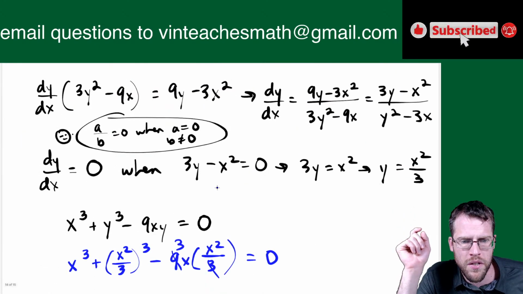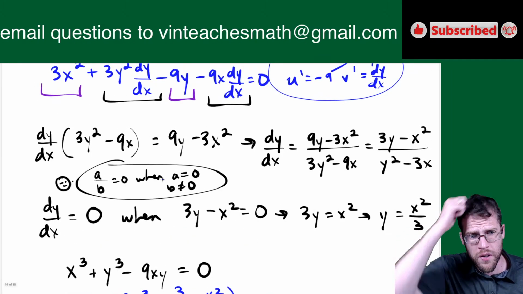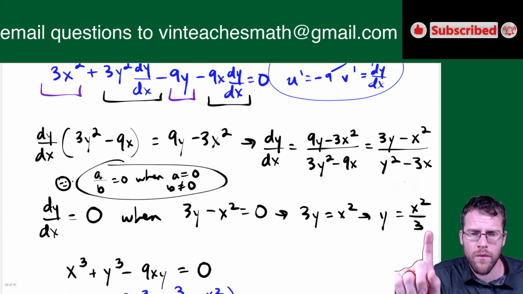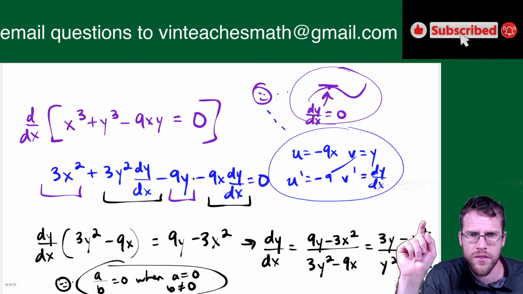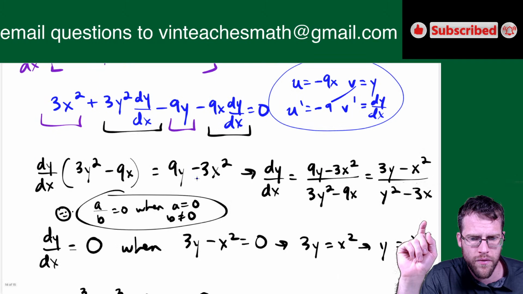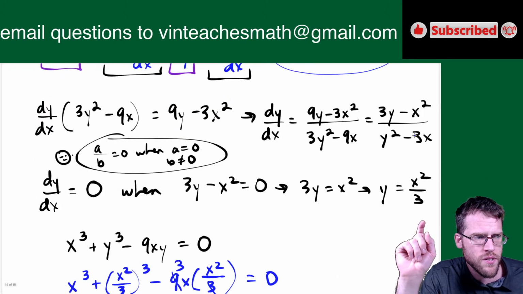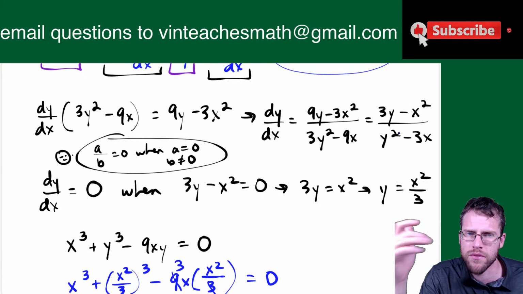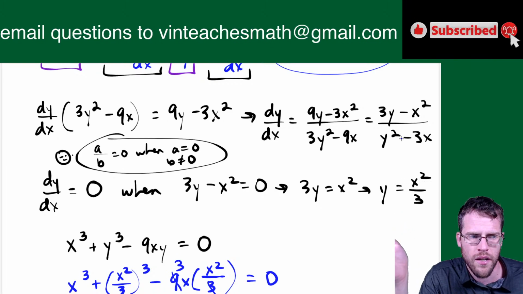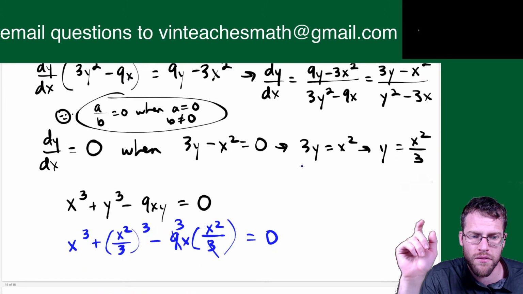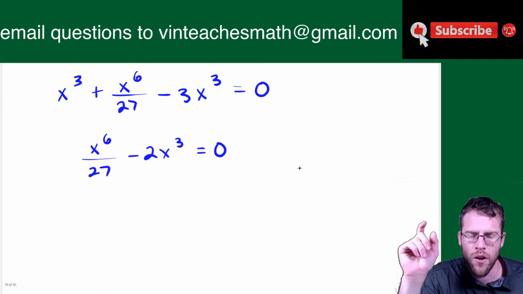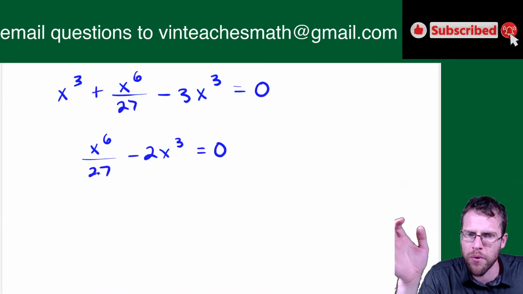The reason being that the condition was that for a fraction to equal 0, the numerator is 0 and the denominator is non-zero. So if you look at our derivative, where's our derivative? Here. If x and y are both 0, your denominator is going to be 0, and this is going to be undefined. So we need the numerator to be 0 and the denominator to be non-zero. So we're going to ignore the case where x and y are both 0.